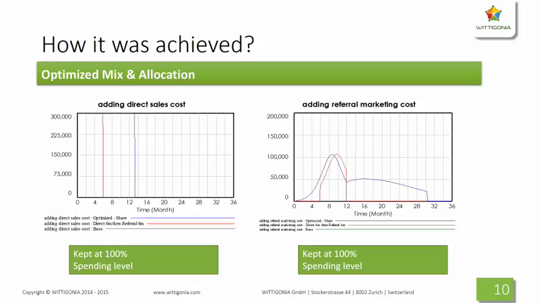But we drove pretty much at the full level of spending that was available, and this added, of course, cost in a linear fashion to the system, and also the referral marketing cost was immediately adding to our profit and loss statement. And again, this is driven also by the growth in the installed base.